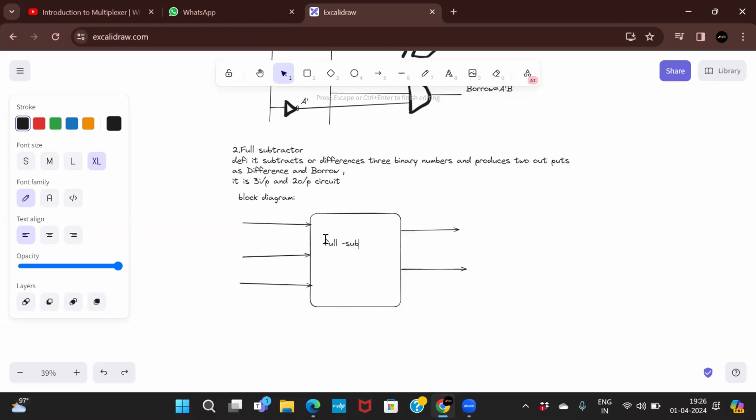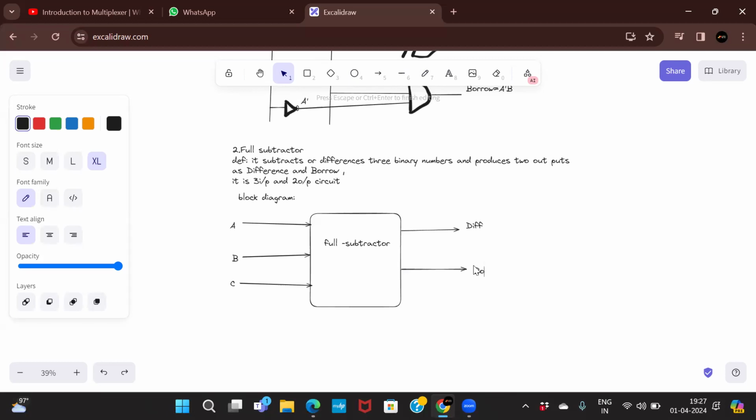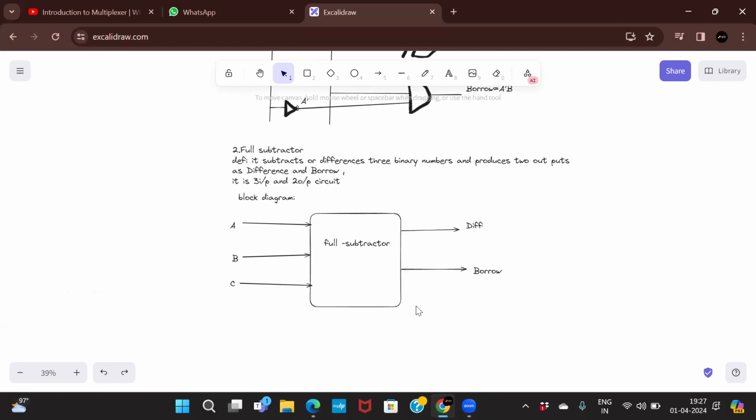Full subtractor. Inputs A, B, C, and outputs difference and borrow. This is the block diagram for the full subtractor.